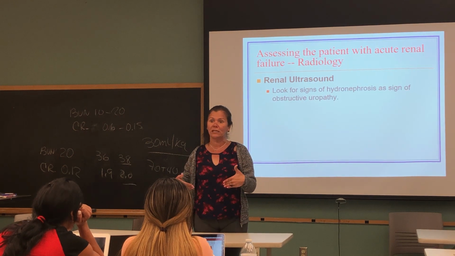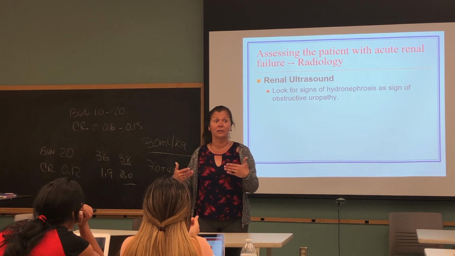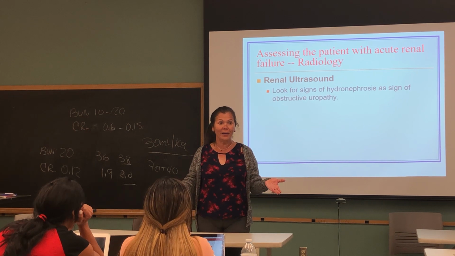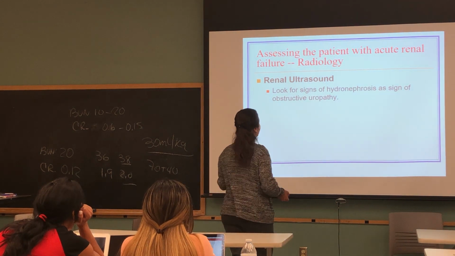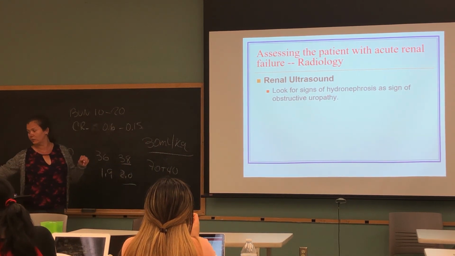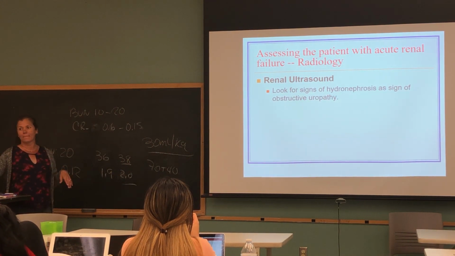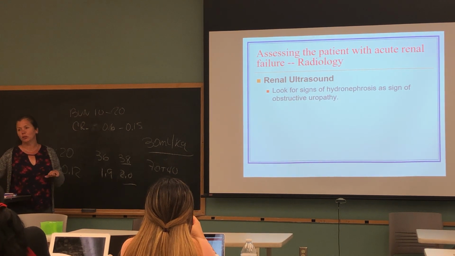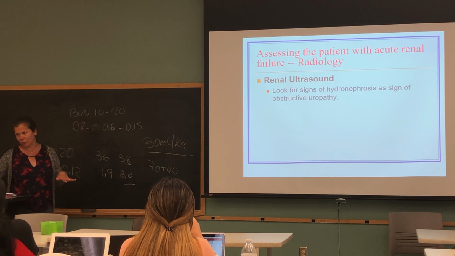In some renal ultrasounds, if the calculi is radiopaque, you could see the calculi. Okay, there are many, many things that you can see in the renal ultrasound. Would it be hydronephrosis? Is it possible that the kidney gets shrunk and the size of the kidney starts shrinking?